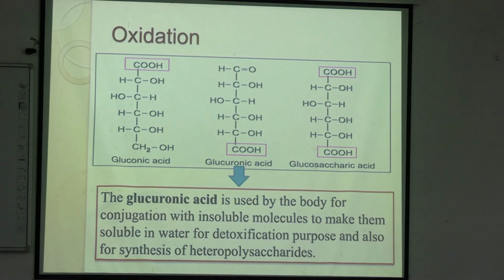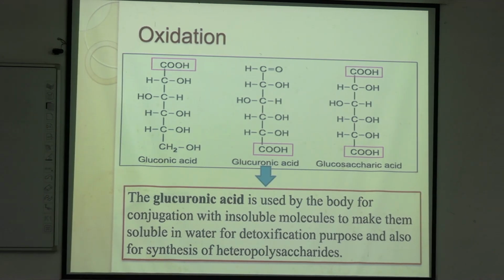Okay, next comes the oxidation reaction of glucose. So glucose is a polyhydroxyaldehyde. So among all the groups, the free two ends, one is containing an aldehyde group, another is containing a hydroxyl group.